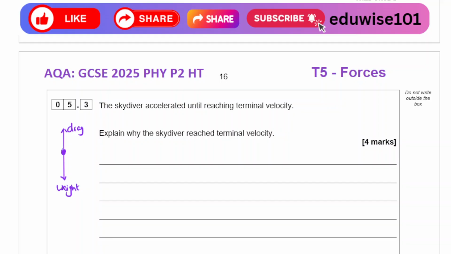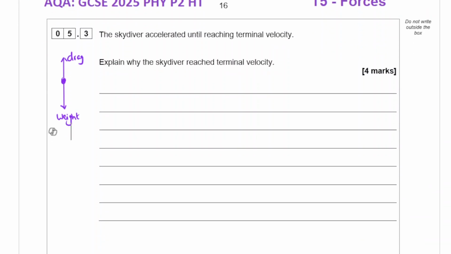So explain why it happens? Because as he's accelerating, the air resistance or drag increases from 0, and once it's equal to the weight, you will reach terminal velocity. So here's the answer for it.